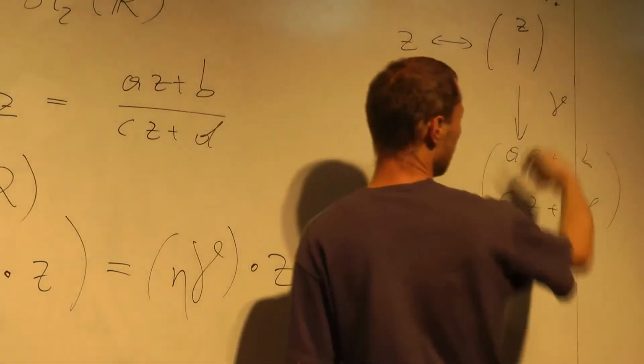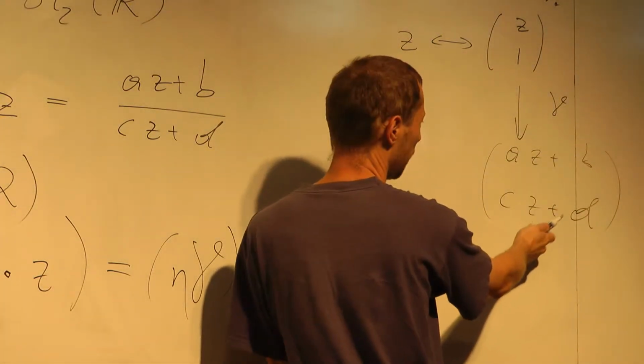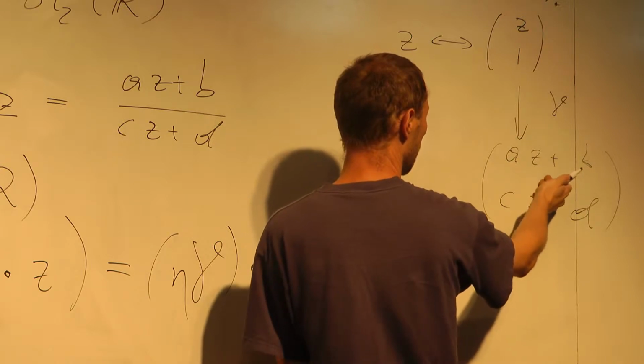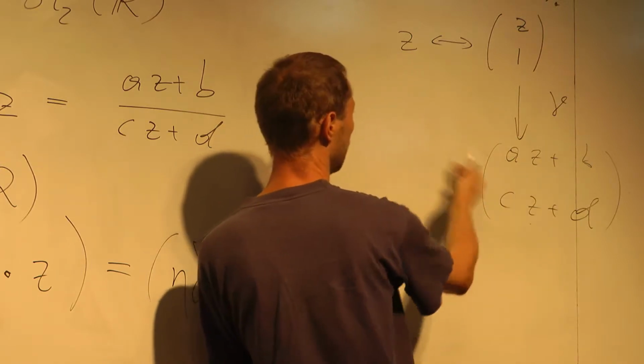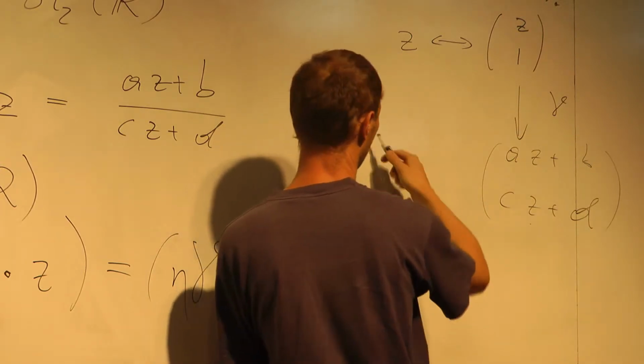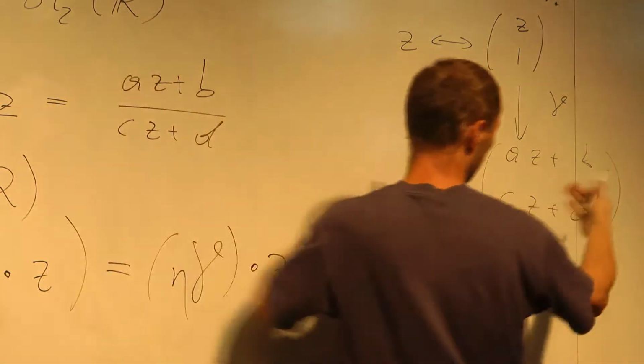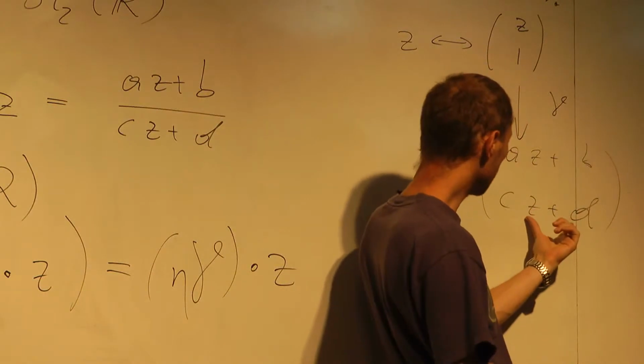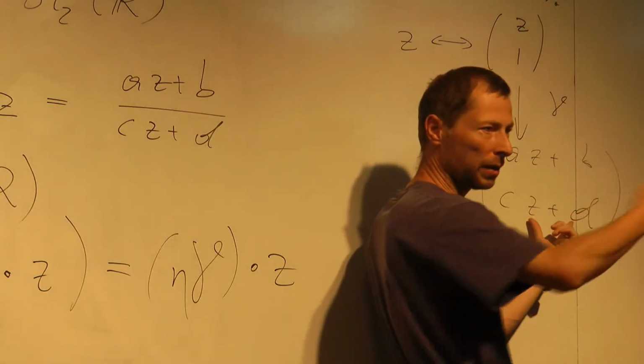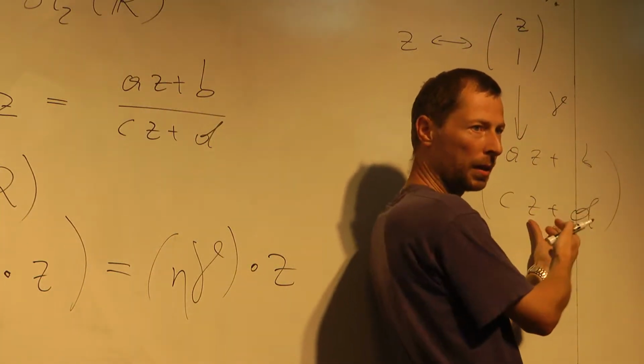But what do I identify this with? Well, I should identify it with the number that I've written here. What's the identification, or what's the equivalence relation? The equivalence relation is just homothetic, so I think of it projectively.